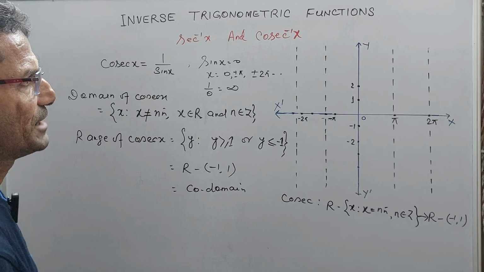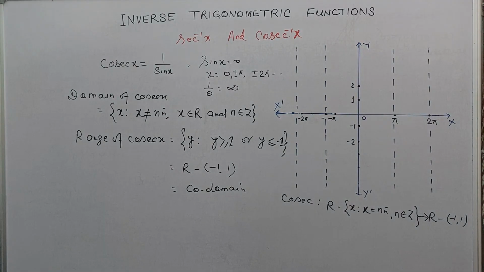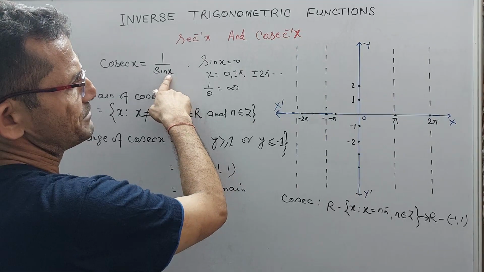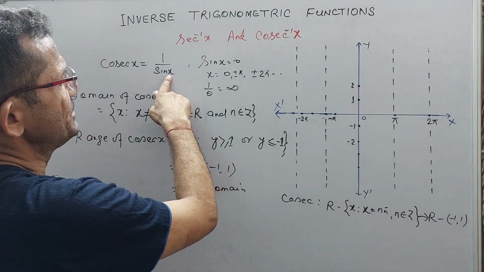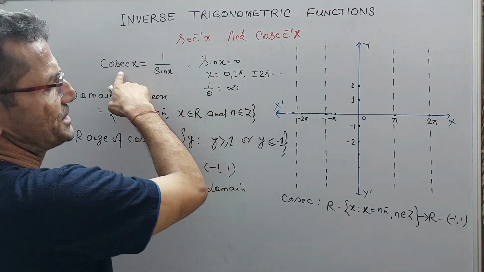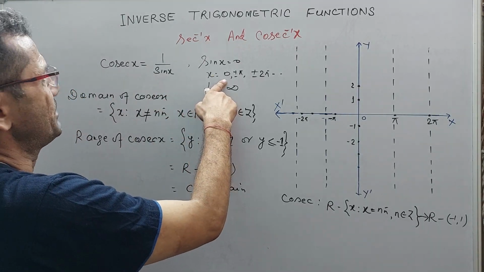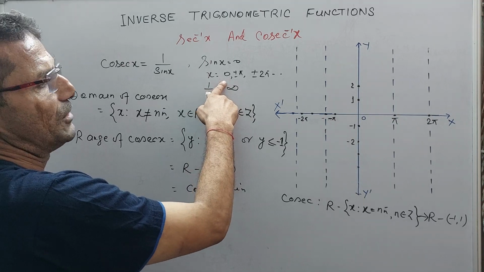So if I draw the graph for cosec x, then at sin pi, we know sin pi is 0, so cosec x will be infinite, and it is also not defined.